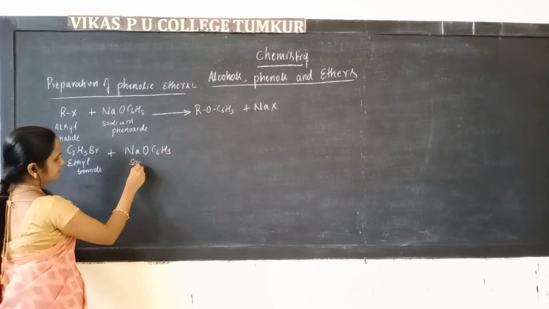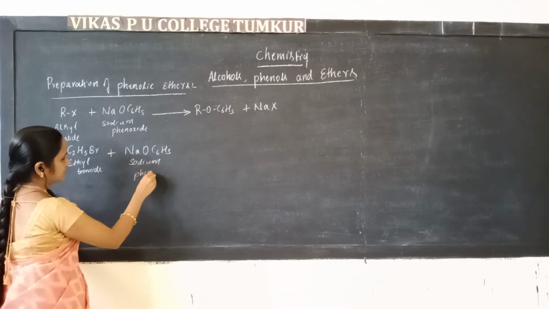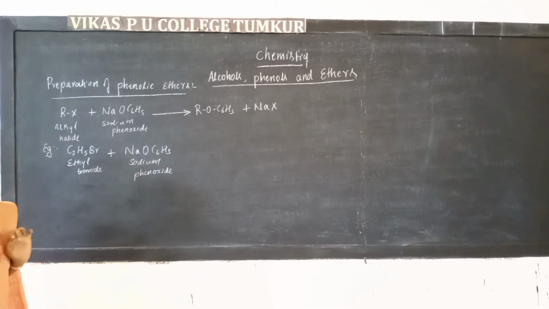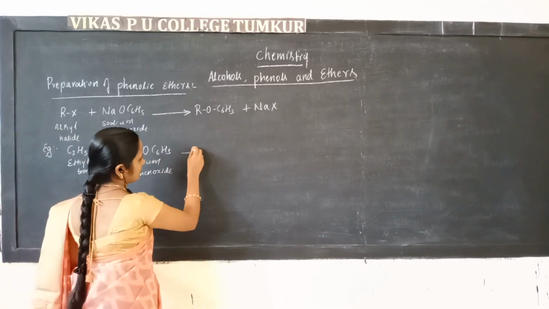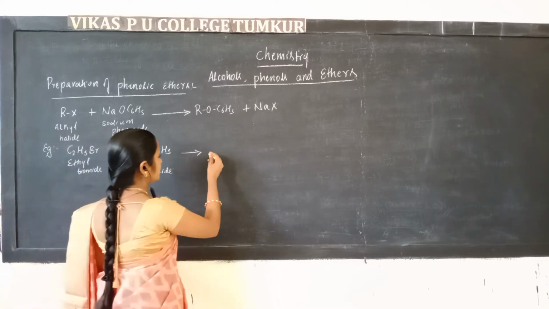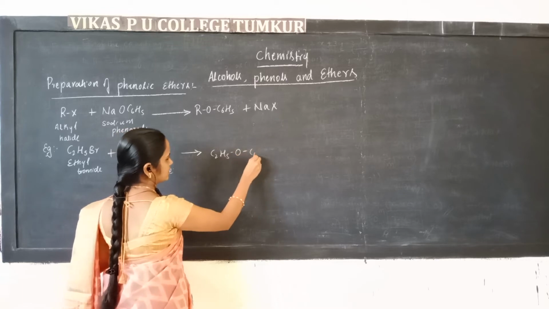Then ethoxybenzene is formed, C2H5O, then C6H5.